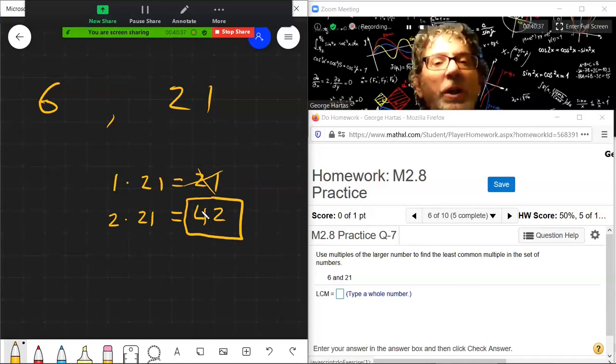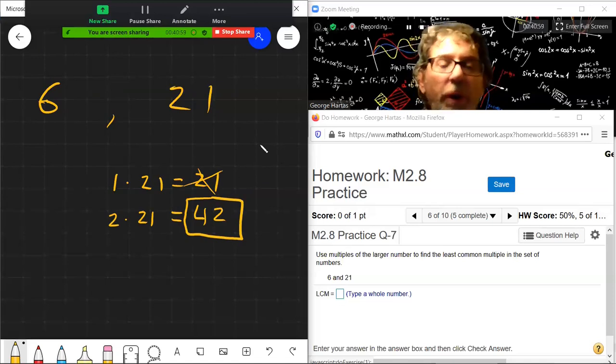That means 42 is the least common multiple. This is the smallest number possible that 6 and 21 divide into. We just used the one list of multiples technique here. We could have used the factor tree. It's good to know both.